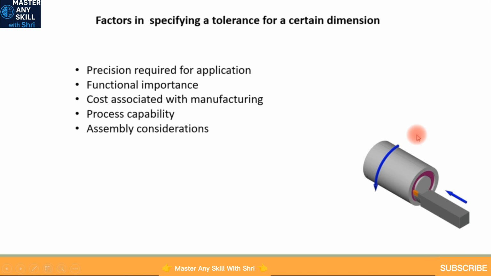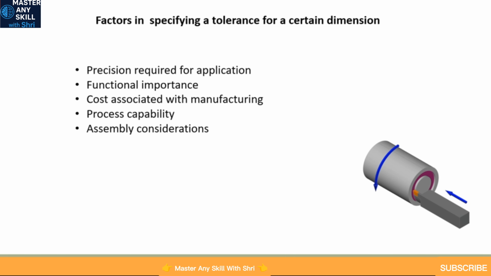So the first factor is the precision required for the application. There can be applications which require very high precision, very close tolerances, that is the tolerance range is very small, like in micrometers, or there can be applications which require very open tolerances. The tolerance range can be in the range of 1 mm, 2 mm, especially in the case of castings.